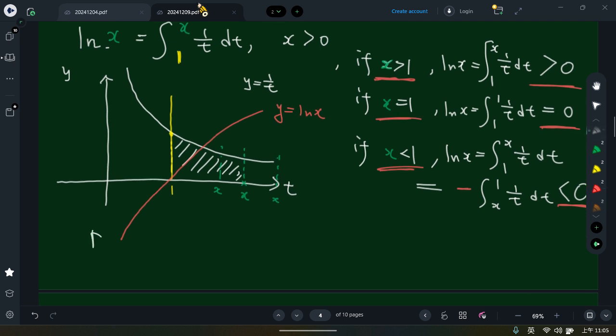The second definition is the number e. I just show you here, right?